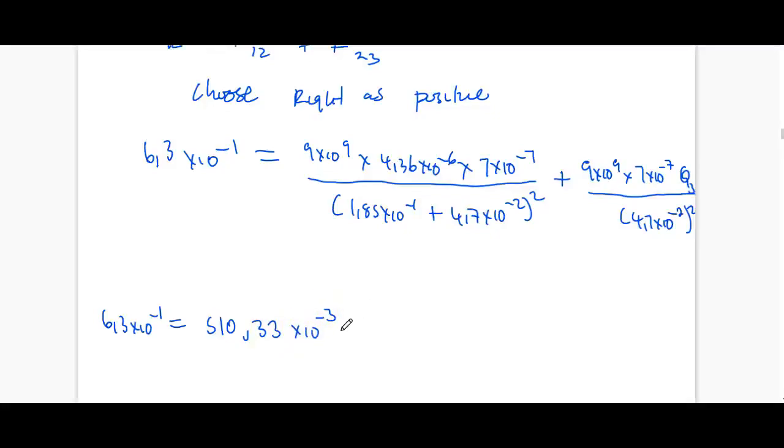Okay, and then now the 9 times 10 to the power 9 times 7 times 10 to the power minus 7 divided by 4.7 times 10 to the power minus 2, all squared.